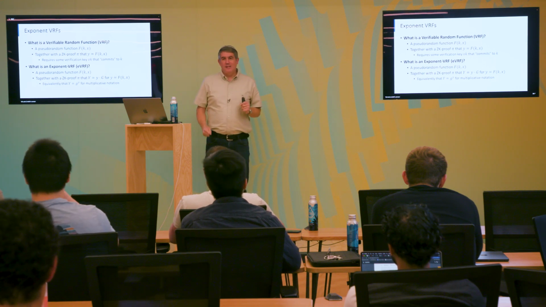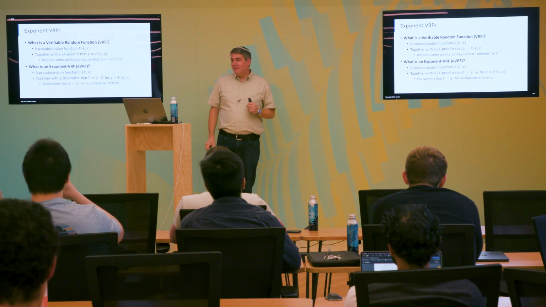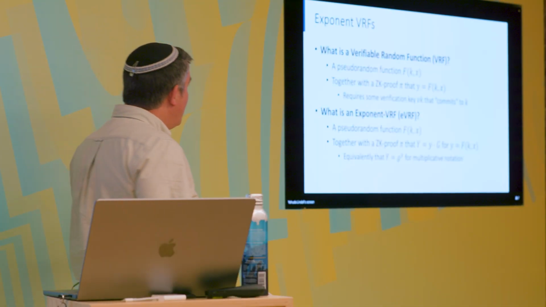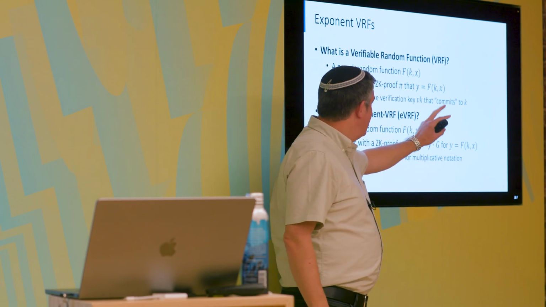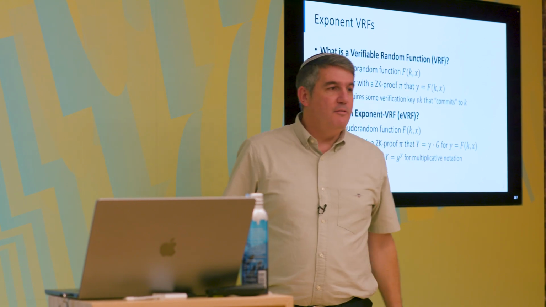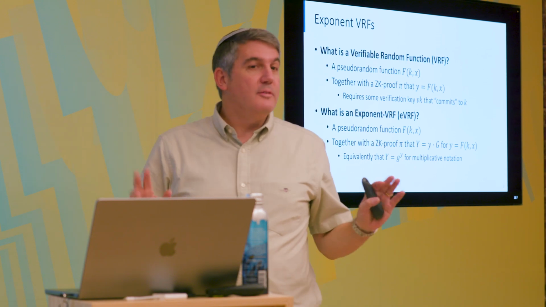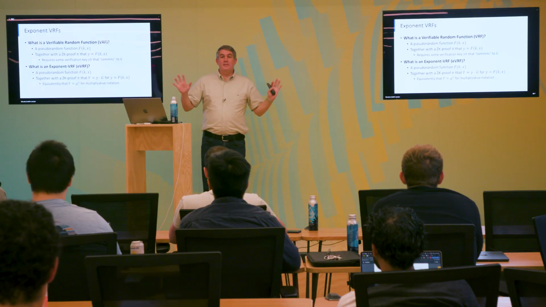I am a traitor to my field. So in other words, instead of giving you just y, I'm going to give you y times g in elliptic curve notation, or g to the y in finite field notation. That's the only difference. So it's extremely simple to understand what this thing is.